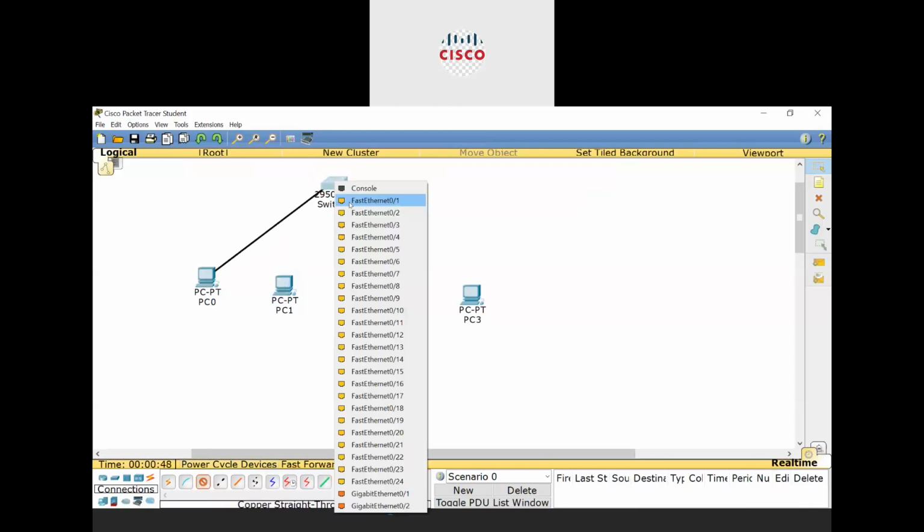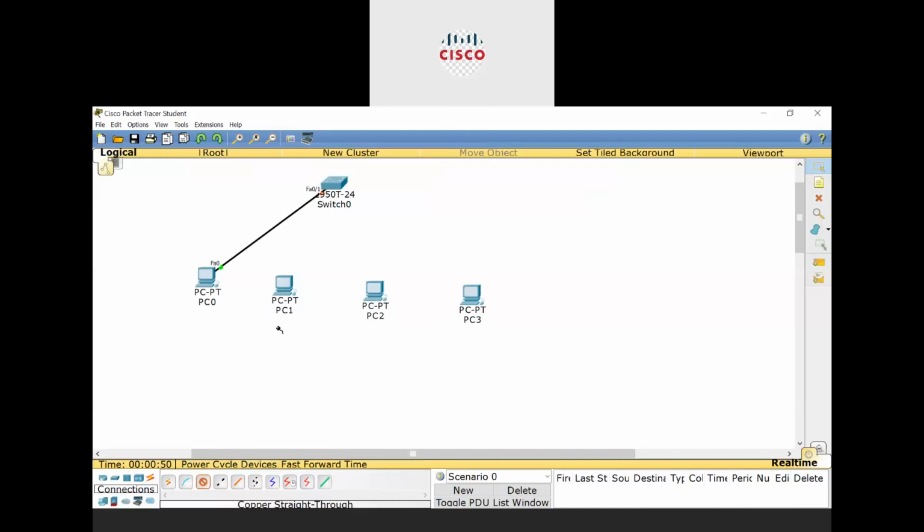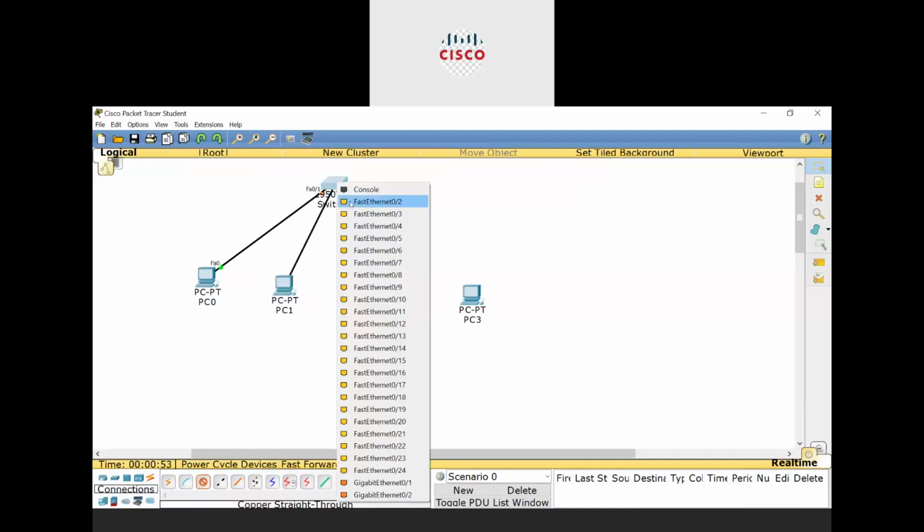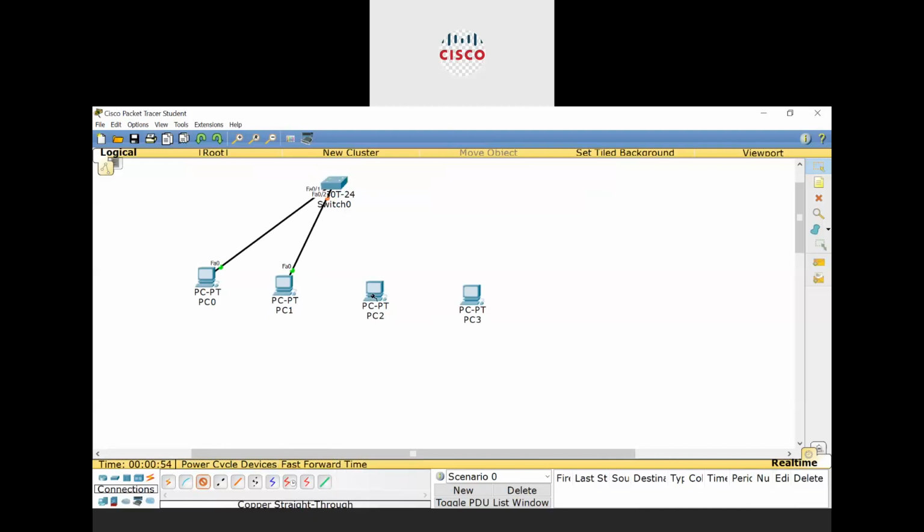Why am I using a straight through cable? Because computer and switches are two different devices. A switch allows us to create a local area network because it allows us to connect multiple devices.